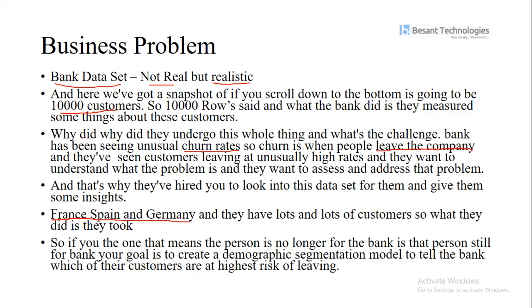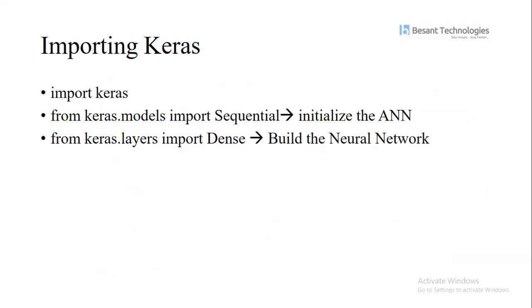Your goal is to create a demographic segmentation model to tell the bank which of their customers are at the highest risk of leaving. After you tell them who is at highest risk, they may give some offer to make the customers stay with them. So this is our business problem.